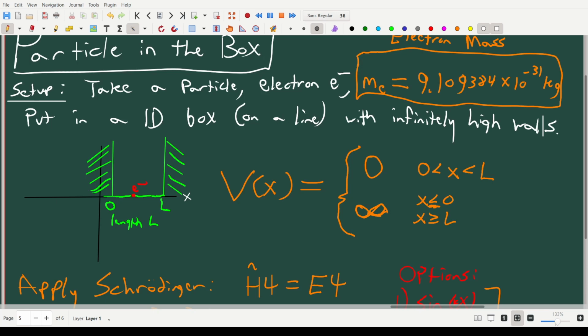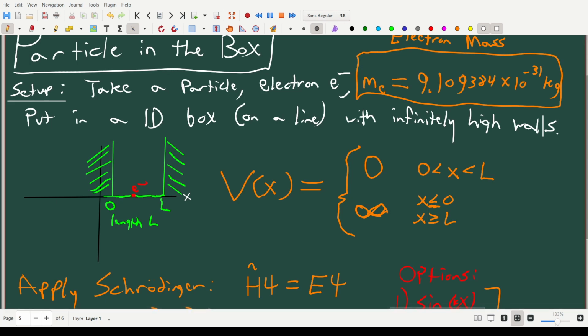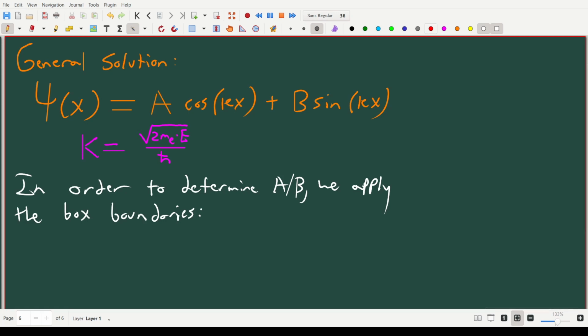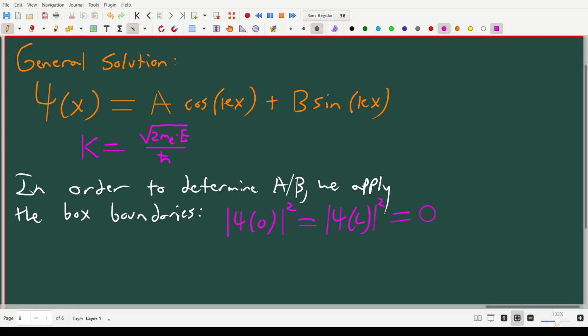All right, so let me go back to my previous page. Because the energy is infinite, this means that psi squared at 0 is equal to psi squared at L, and these are both equal to 0. There's no probability of ever finding the particle on the walls because they're infinitely high.